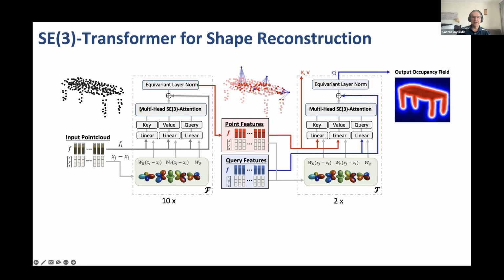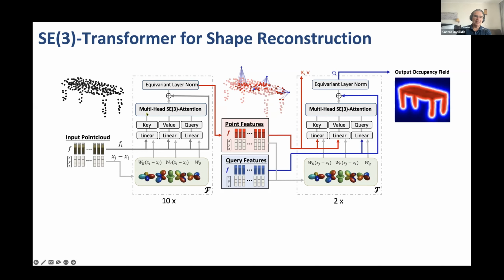And when we want to compute the occupancy of the query Q, we take a neighborhood, the closest K points, and we take the feature of this neighborhood, and this is the query in a cross-attention network where the query is the query features, the neighborhood of the point query, and the point features are the point features of the entire point cloud. And this is not a ResNet-like block or an MLP. This is a full transformer for decoding, which I think is really new.